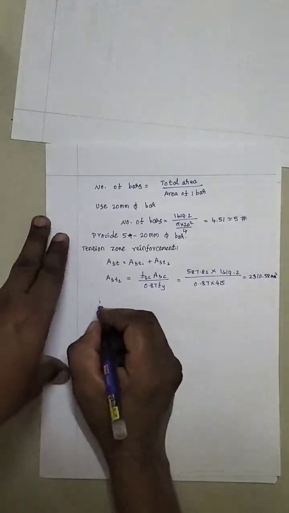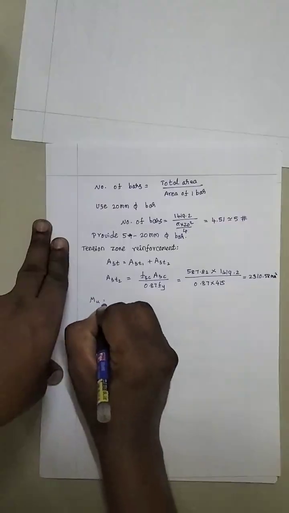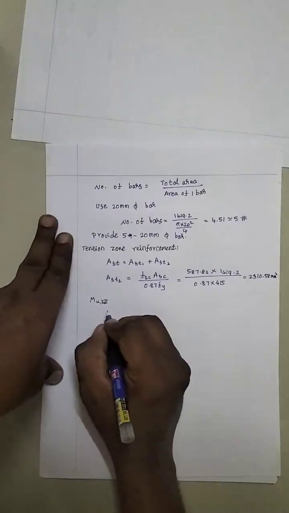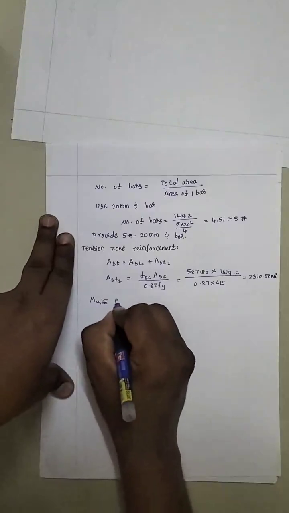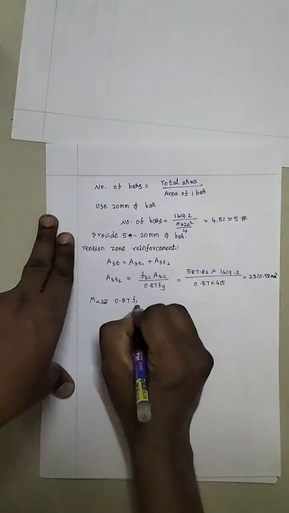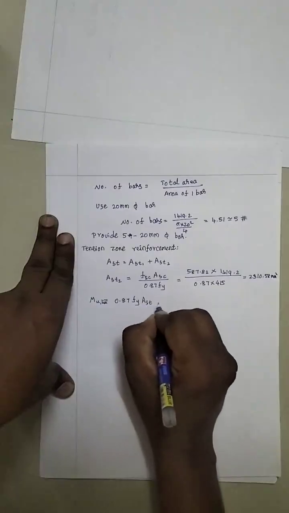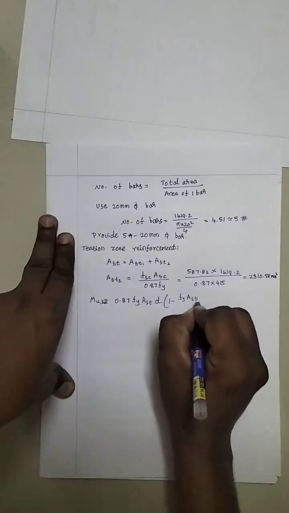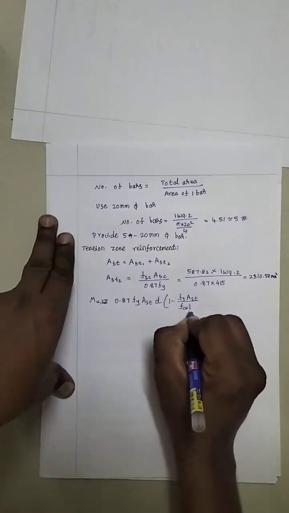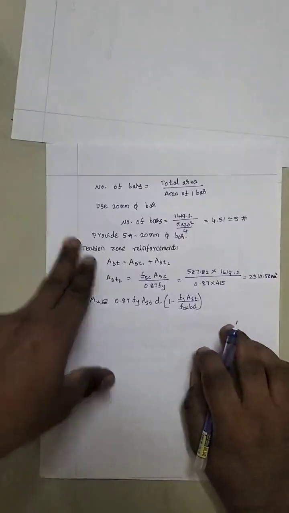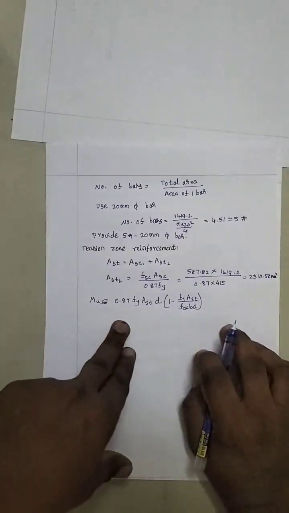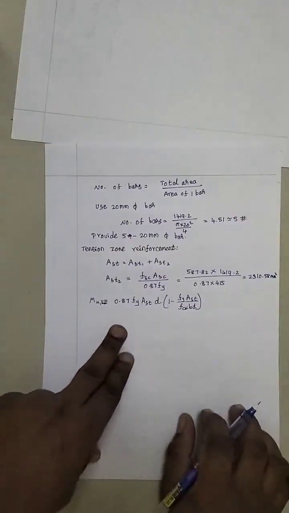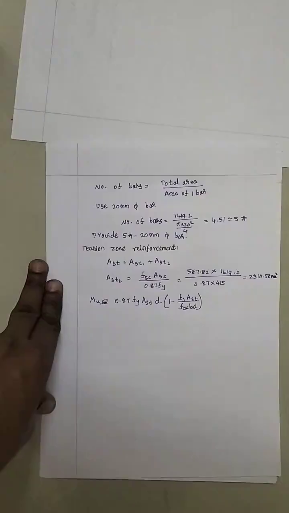Next, in order to calculate AST1, we can use the formula for Mu limit, because it is a doubly reinforced beam. The formula is 0.87 Fy AST d into (1 minus Fy AST divided by FCK B D). This formula was given in our IS 456 page number 96 under the section without compression zone reinforcement, G 1.1b.